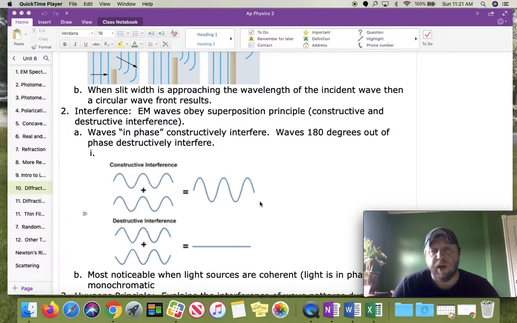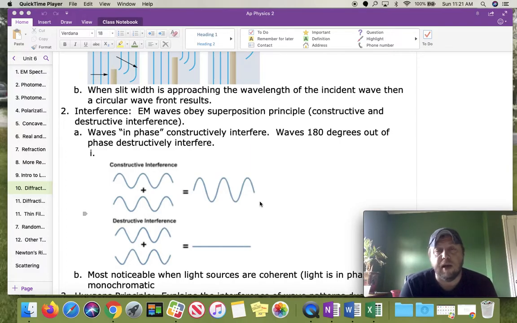Last year we talked about wave interference and the principle of superposition. Remember, when we superimpose two or more waves, we end up with either constructive or destructive interference. Constructive interference occurs if we take two waves that are perfectly in phase and overlap them, and we get a super wave that has double the amplitude.